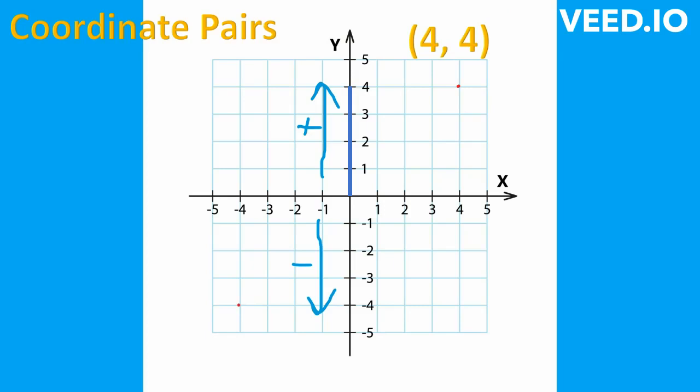We have one more point here. See the point here. Let's try to write the coordinates. The x coordinate is 4 units from the origin, but in the negative direction, the backward direction. So let's put minus 4.